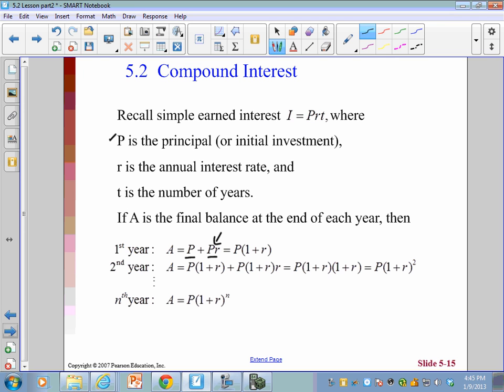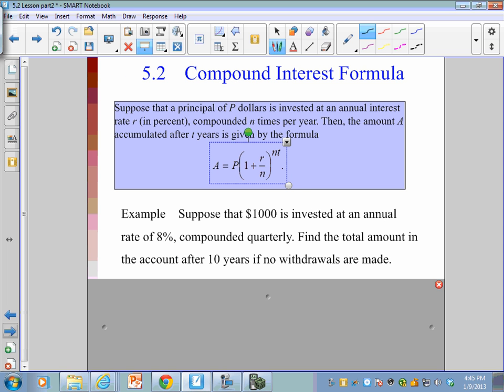We'd add the interest you earned to your principal, and then the next year you would do that again. You start with this amount here, and then you'd multiply that times the rate again. This is your new principal times the rate. So every year the interest would be accruing on more money. And if you carry this out to any number of years, it looks like this bottom formula here.